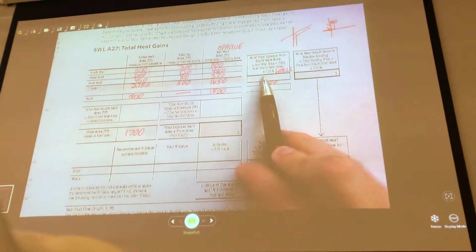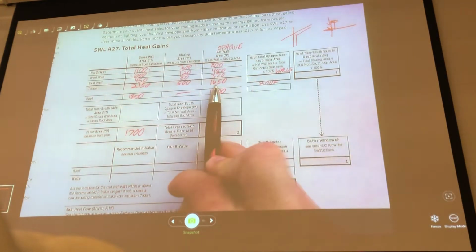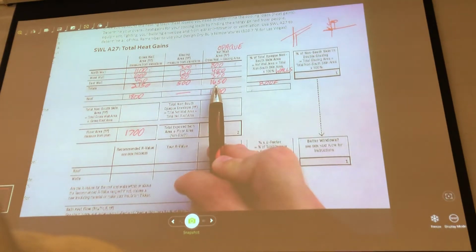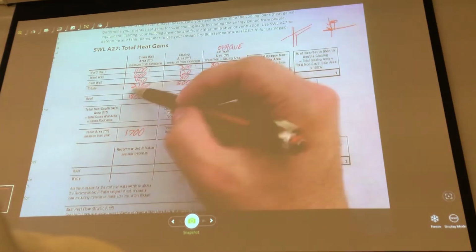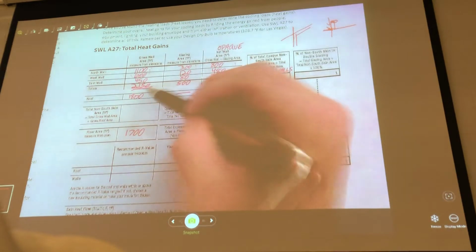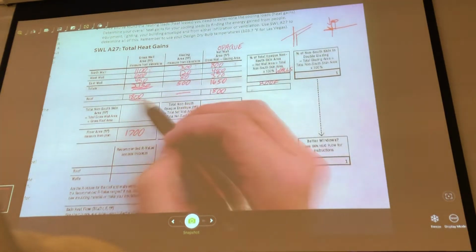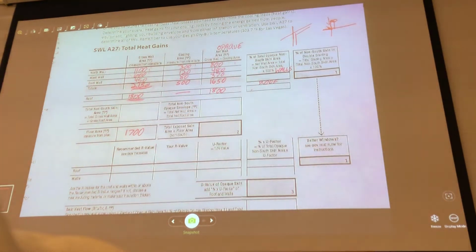In this case, we're going to take our wall area and divide it by the total, which is our total wall area plus our roof, giving us our total non-south envelope.